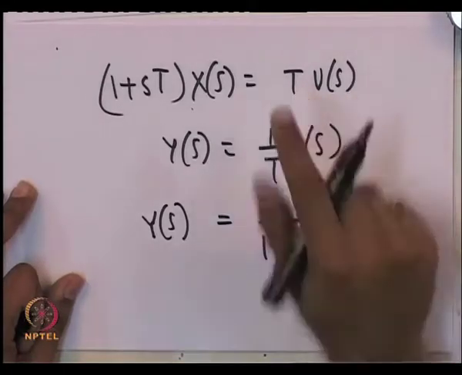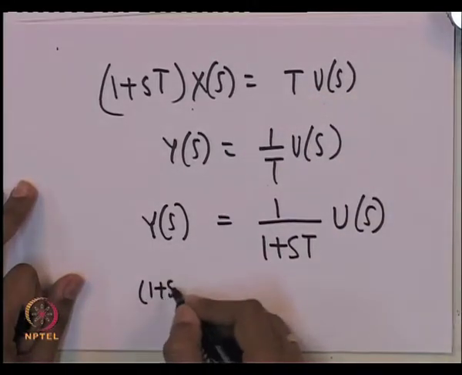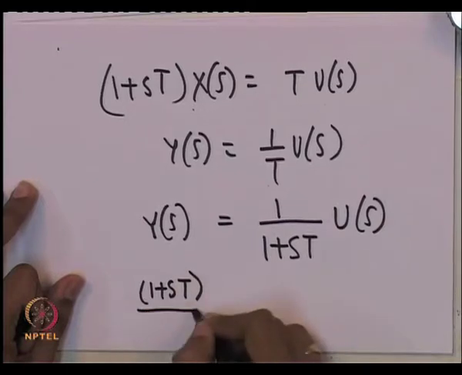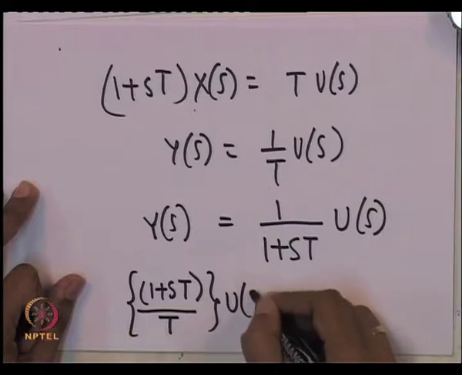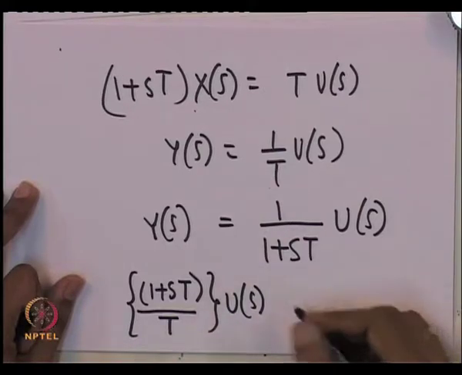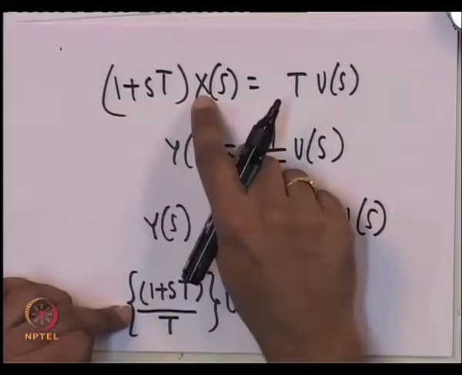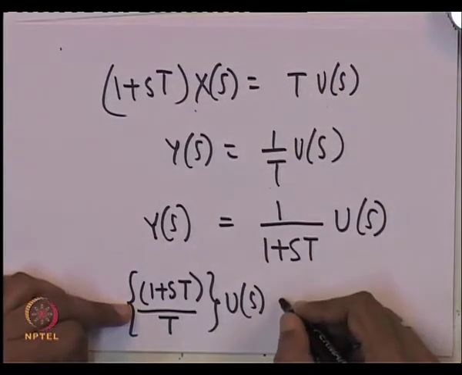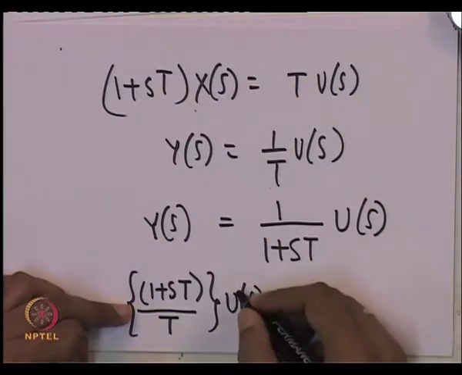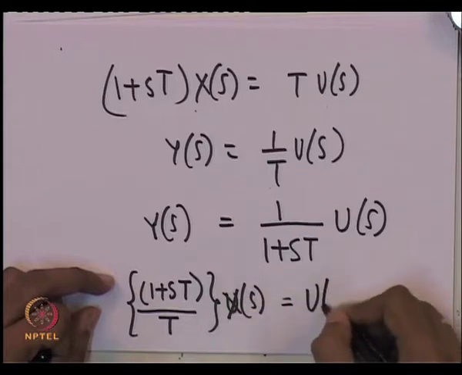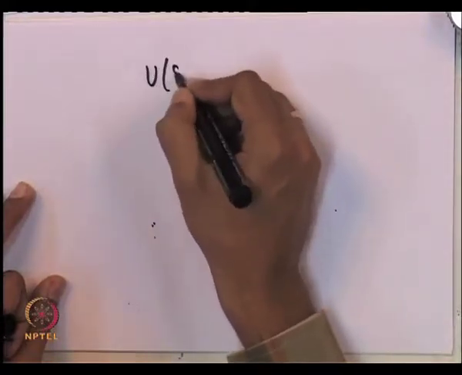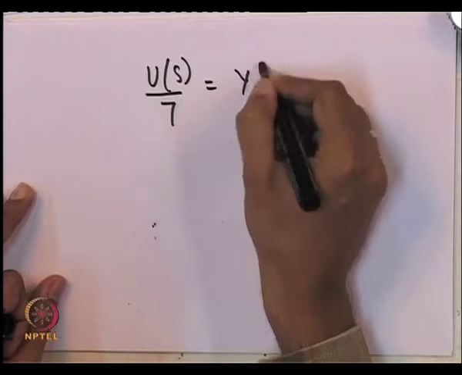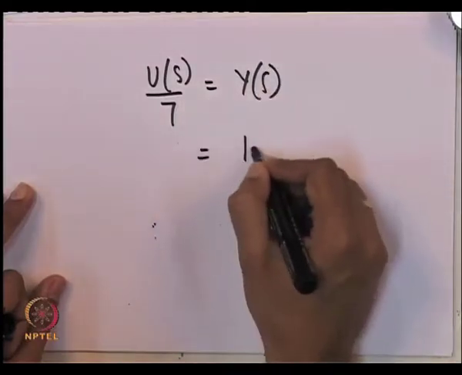Y of s is equal to 1 plus s t upon t into u of s. Okay. So, we will have... I am sorry. So u of s by t is equal to y of s.